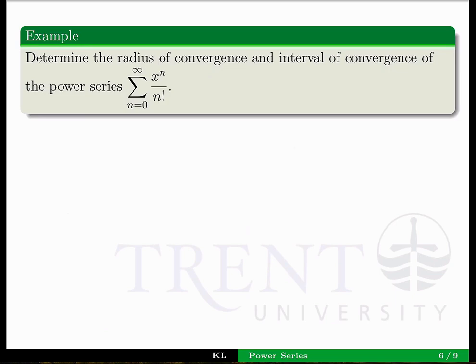Next problem. I think we did this in our last meeting, but let us show it again. We have the sum from n equals 0 to plus infinity of x to the n over n factorial. This is 1 plus x squared over 2 factorial plus x cubed over 3 factorial, and so on and so forth.